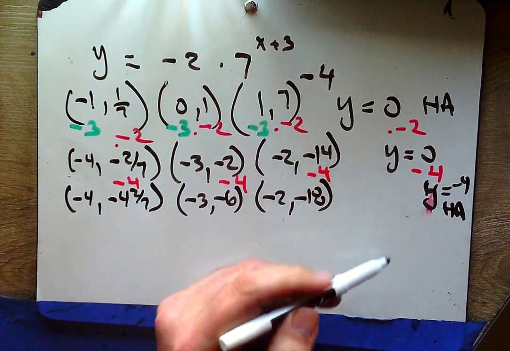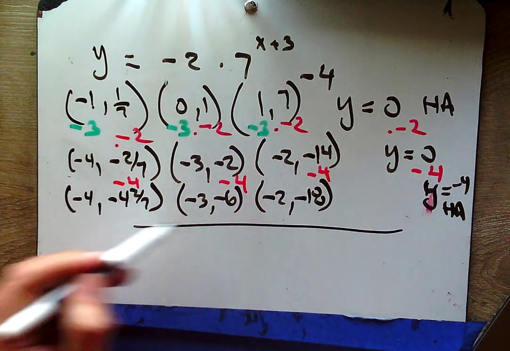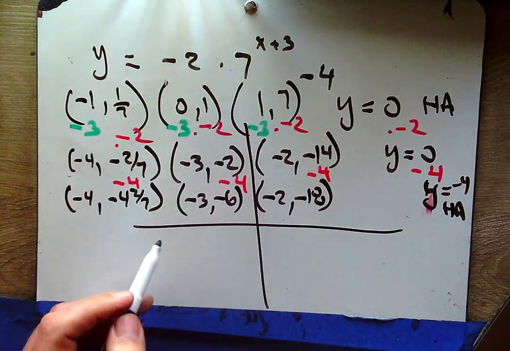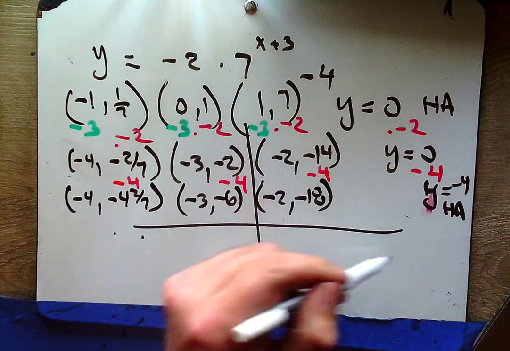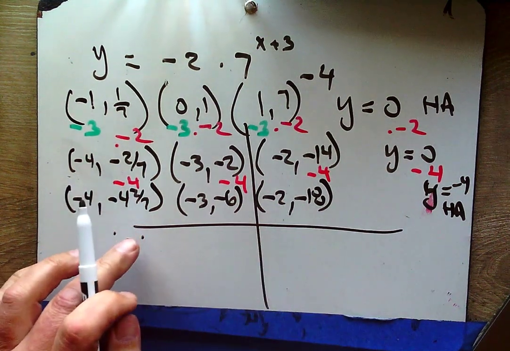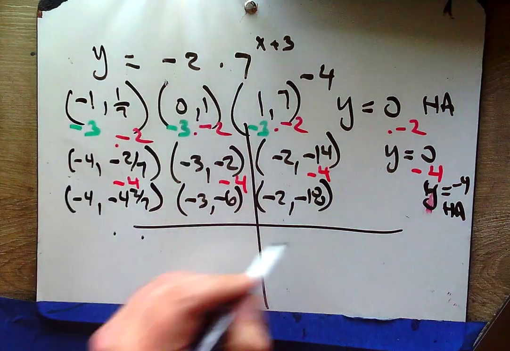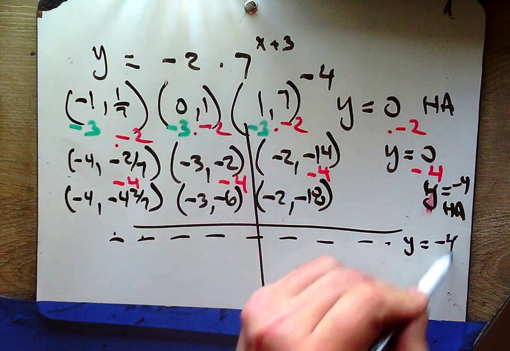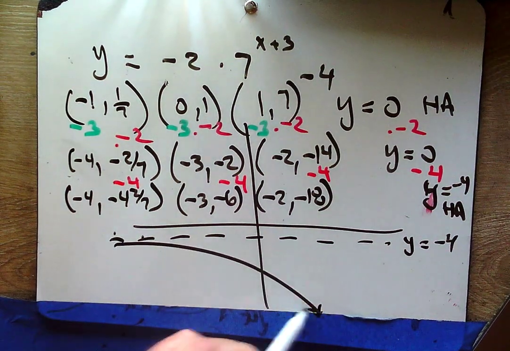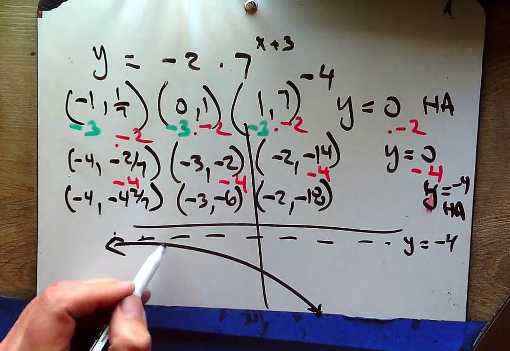Okay. Horizontal asymptote at y equals -4. Kind of wish I had the top of the board. There's my graph.